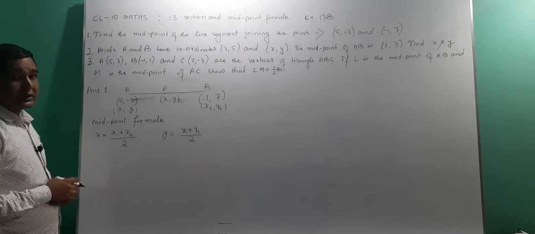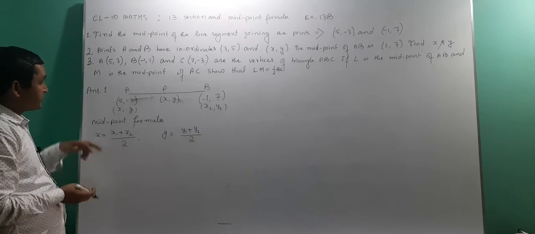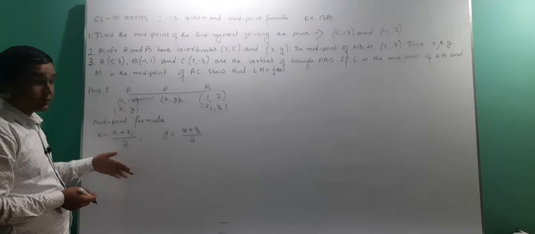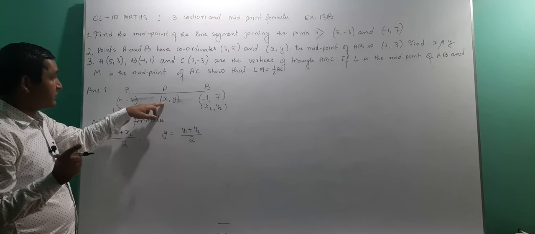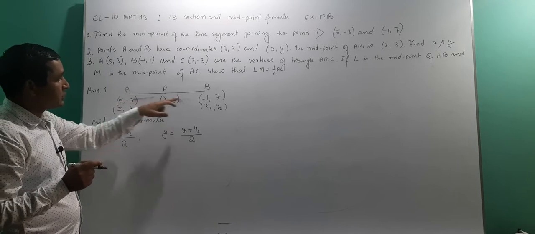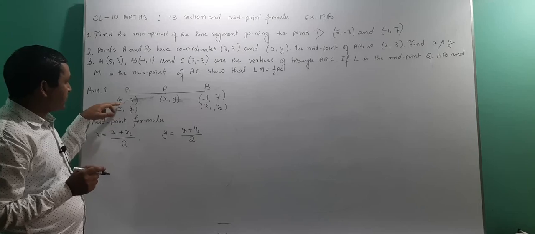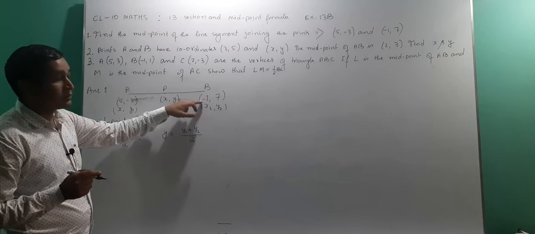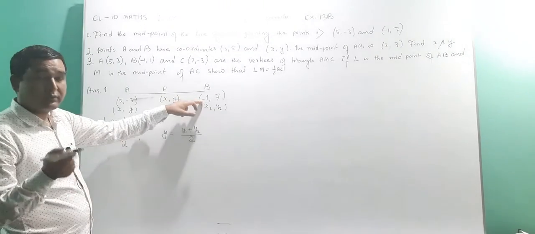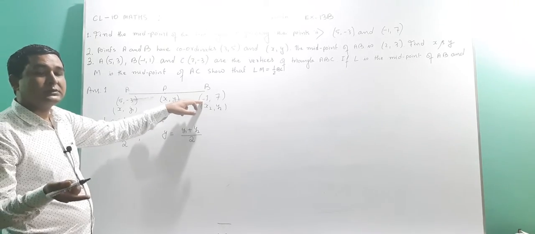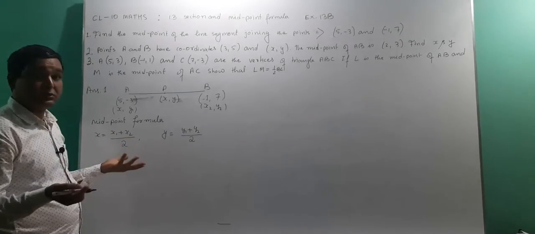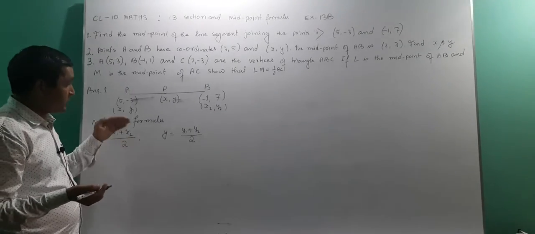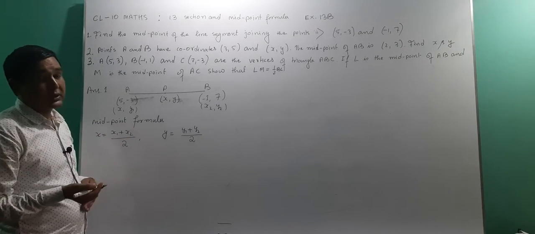Same thing we can do directly also, without using the formula. To get the value of x, just take the sum of the x coordinates. 5 plus minus 1 is 4, and 4 divided by 2 is 2. We can do it directly also, but always write the formula because the formula carries some marks.